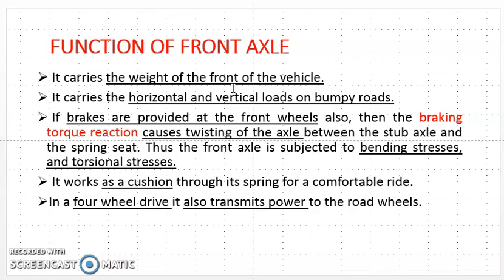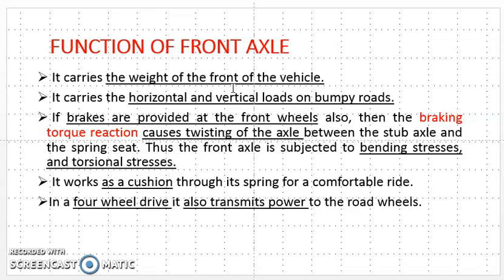It means if the road is irregular in shape, or there is a speed breaker, or the road is not a properly horizontal or good surface, then it is called a bumpy road, and on that bumpy road there are horizontal and vertical loads on this front axle.